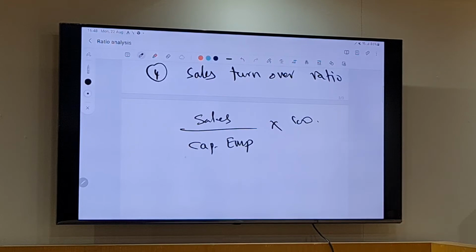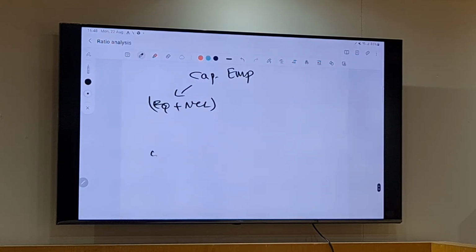Capital employed, as you know, equity plus non-current liability. There is something called DuPont analysis.